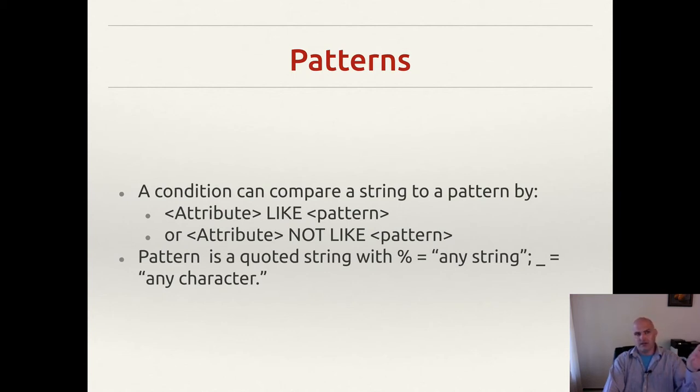LIKE is a way to say that I want this to match a portion of this. So you use LIKE with either a percent sign or an underscore. A percent sign represents basically what I would call a splat, or any number of characters, which can be anything.